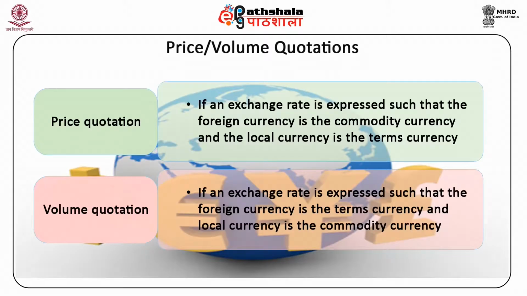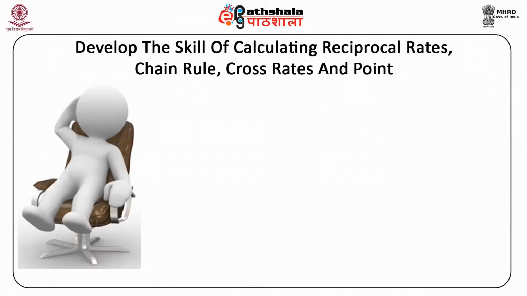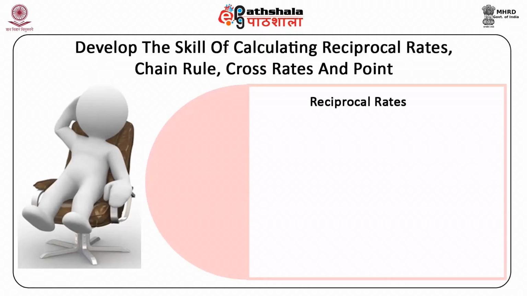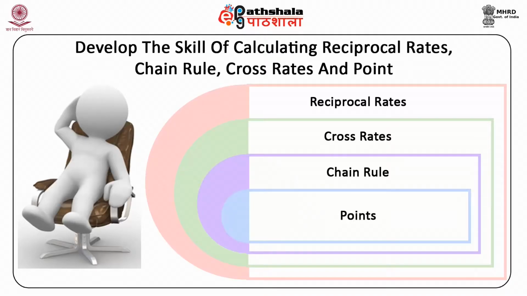Conversely, a fall in the price of the terms currency corresponds to a rise in the number of units in which the price is expressed. Next, we will be talking about developing the skill of calculating reciprocal rates, chain rule, cross rates, and points.